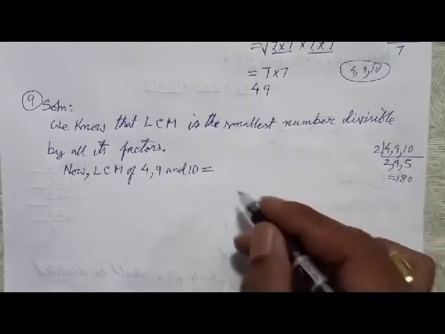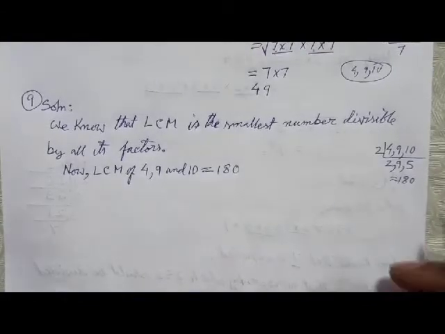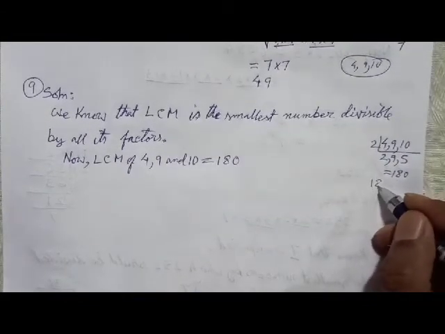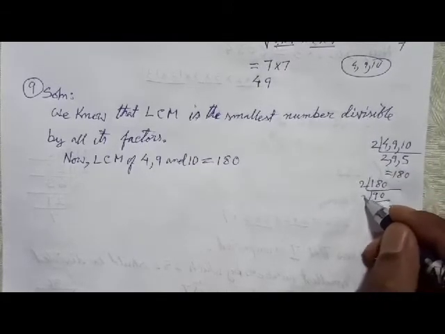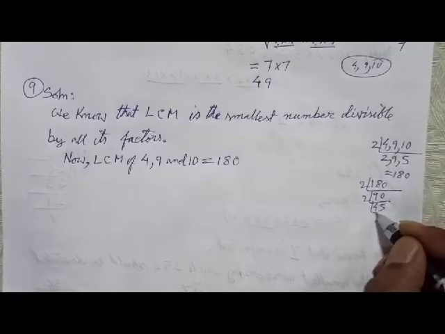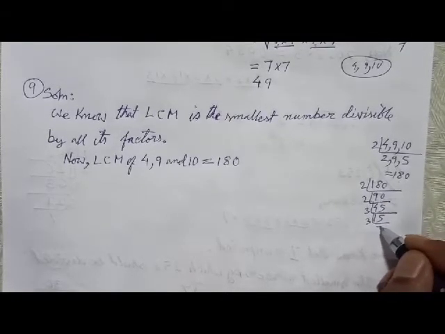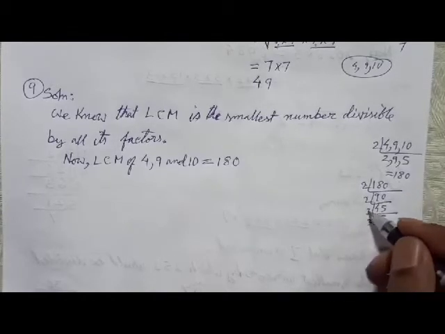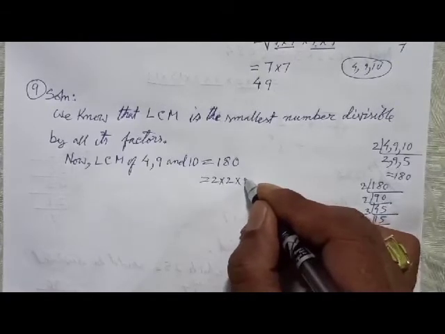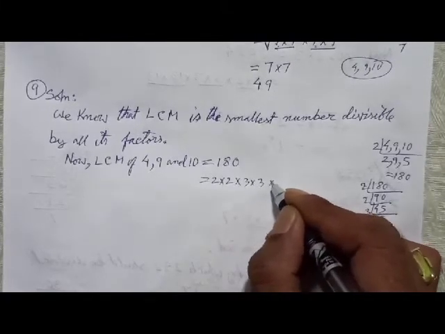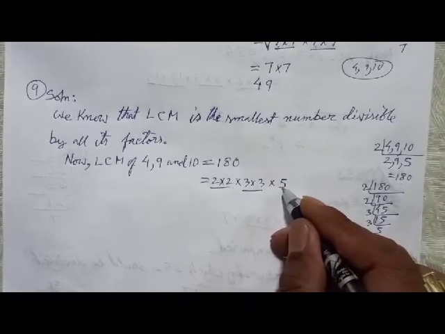So we have calculated the LCM, that is 180. Now let's find the factors of 180. Divide by 2, 2 9s are 18, 0. Divide by 2, 45. Divide by 3, 15. Divide by 3, 5. 2, 2, 3, 3, 5. 2 into 2 into 3 into 3 into 5. 2 is a pair, 3 is a pair, but 5 is not in a pair.